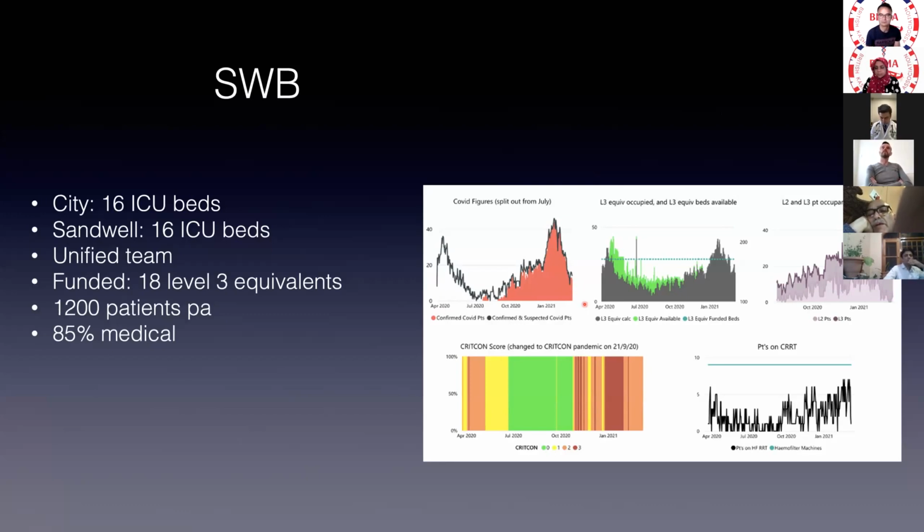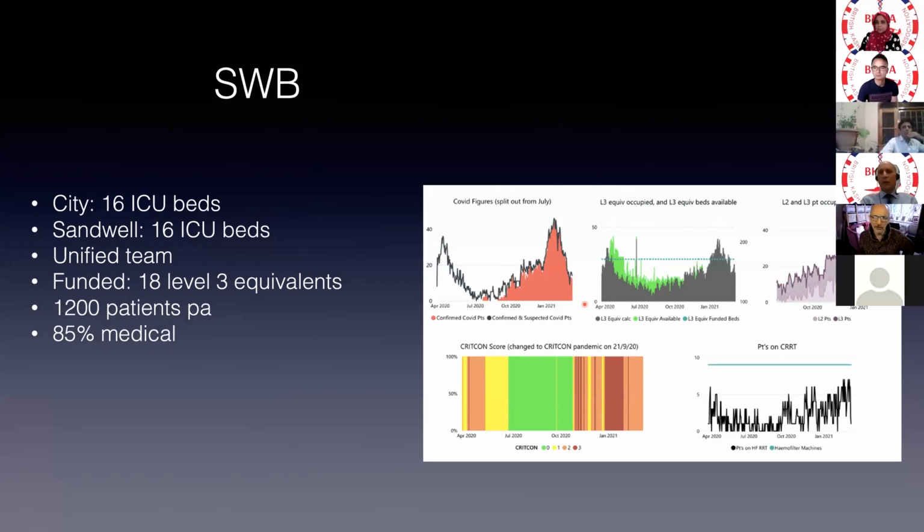We've currently got only 1 COVID patient in both of our units. But we're funded for 18 level 3 patients, and at the peak, we were looking after 47, 48, which is a massive ask for the team. And I'm sure you're experiencing similar levels of difficulty and stress on your systems.